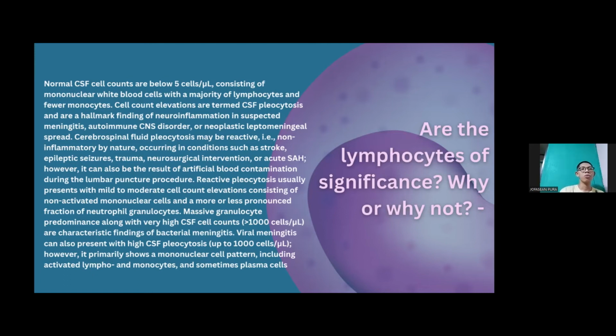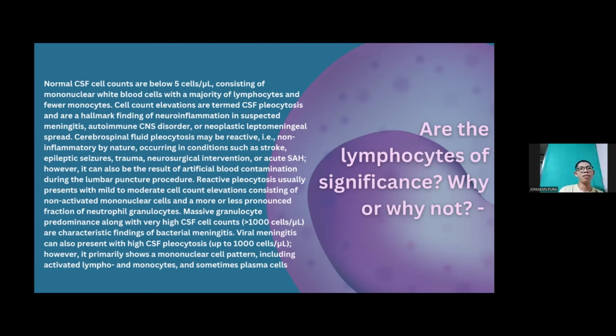Reactive pleocytosis usually presents with mild to moderate cell count elevations consisting of non-activated mononuclear cells and a more or less pronounced fraction of neutrophil granulocytes. Massive granulocyte predominance, along with very high CSF cell counts of more than 1,000 cells per microliter, are characteristic findings of bacterial meningitis.